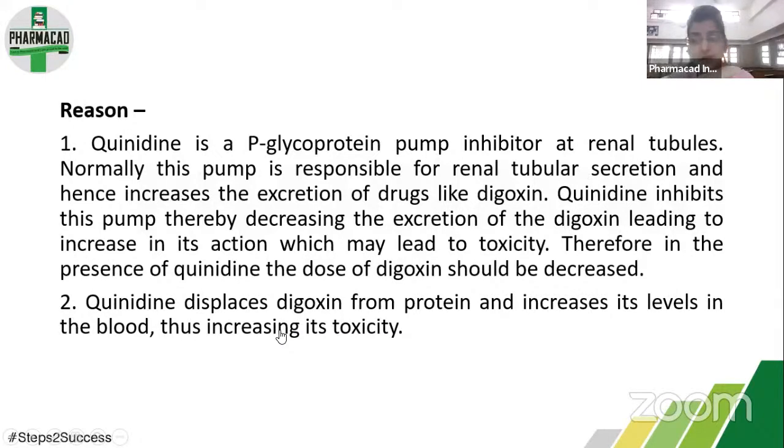But quinidine is the inhibitor of the pump. So quinidine will inhibit this pump, and thereby it decreases the excretion of digoxin, and hence digoxin is not excreted from the body and leads to toxicity.